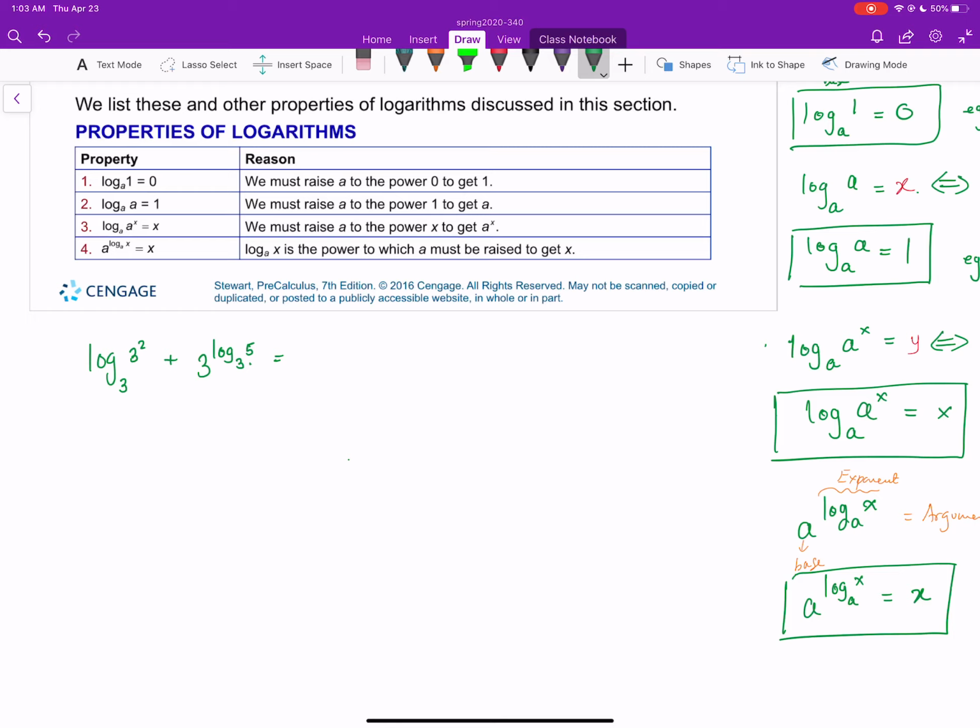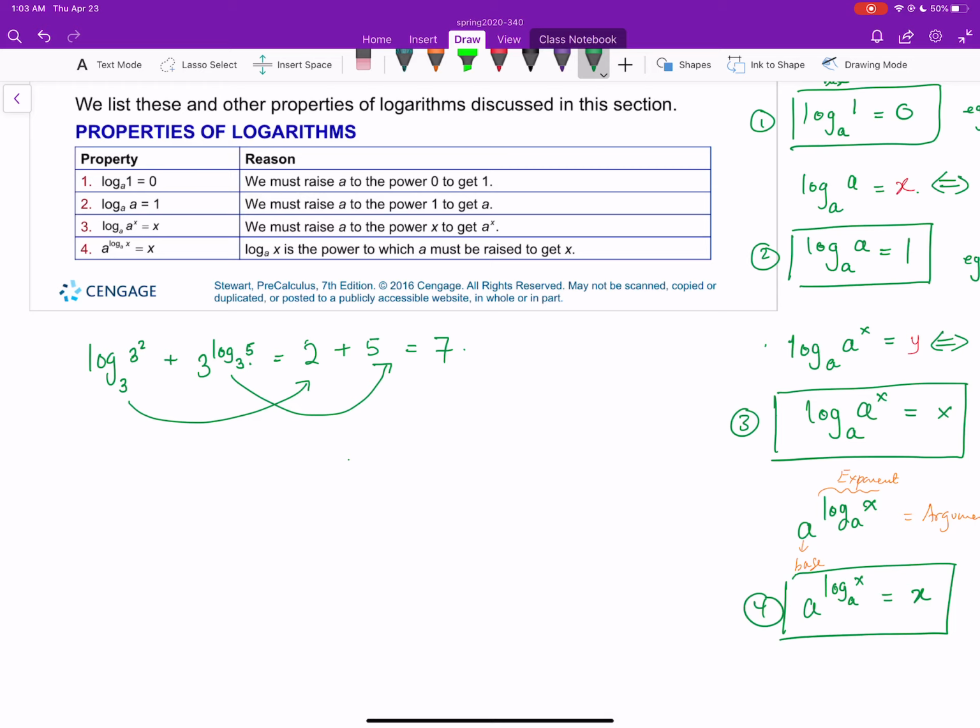I can clearly see that, let's label this as property 1, property 2, property 3, property 4. Then I can see that log 3 of 3 squared is very similar to property number 3. So that outcome is going to be 2. And then a base raised to a log of 3 of 5, that is similar to 4. So that should return me plus what? Plus 5. So I get 7.